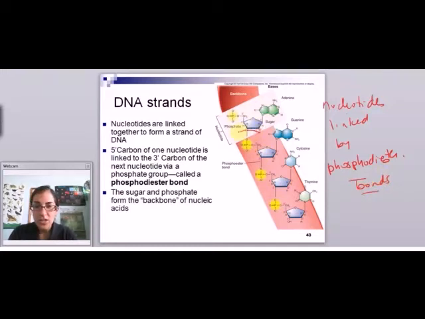In this image here, this is the phosphodiester bond. It gets that name because the phosphate ends up being part of it. So there's a phosphodiester bond, here's another, here's another. So this is a DNA strand that includes 1, 2, 3, 4 nucleotides.